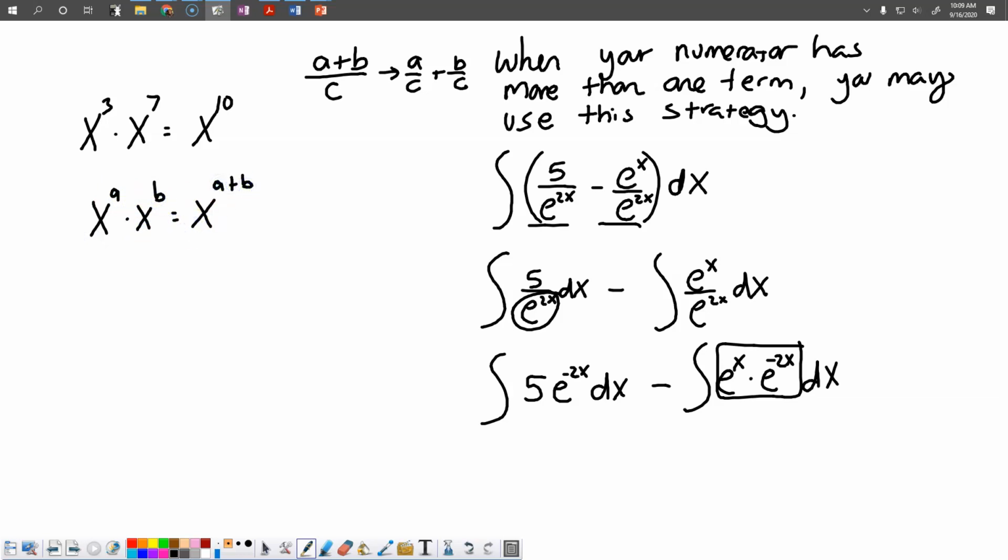You just add those exponents together. Well, that's what we have over there. We have e to the x times e to the negative 2x. And so that would be e to the x plus a negative 2x, in other words, minus 2x. So what's x minus 2x? That would be negative 1x. So we can combine these together.